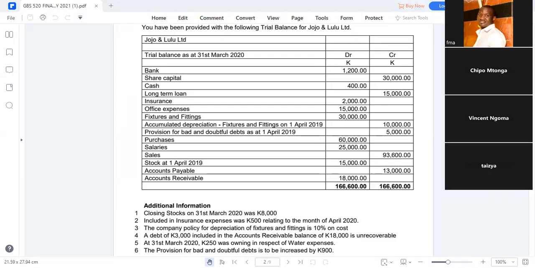So before I even talk about the posting, I would want to confirm the duality concepts that are in the trial balance. We use the word PEARLS. PEARLS stands for what?